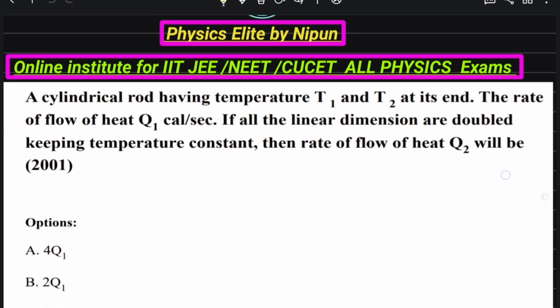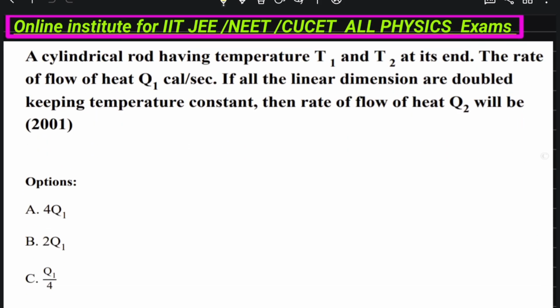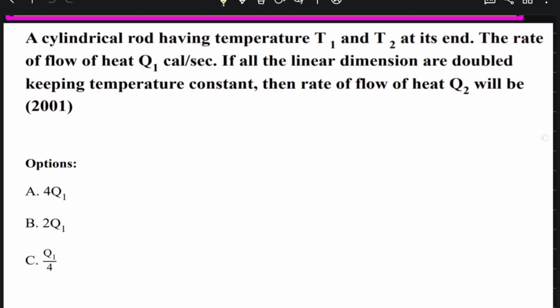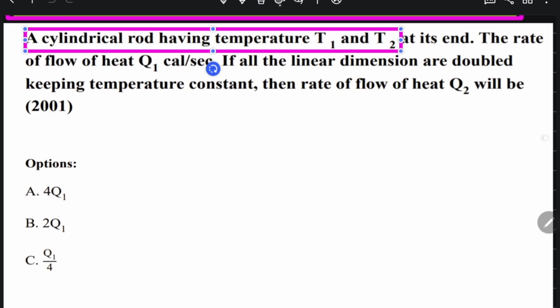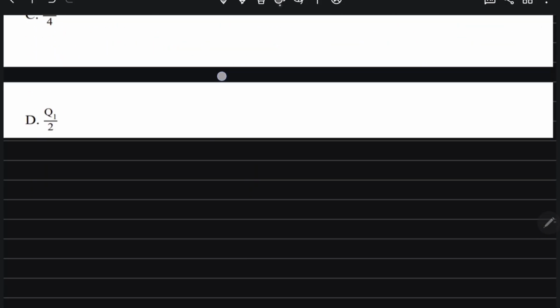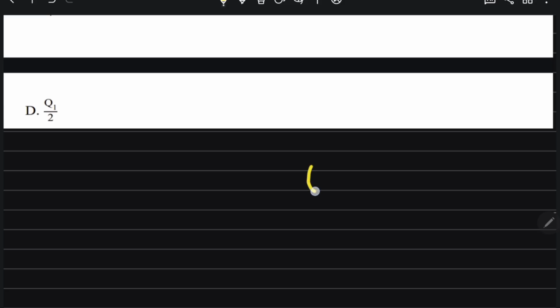This lecture is our second lecture of thermal properties of matter. This is the first question from 2001, and in this question they are saying that a cylindrical rod has temperatures T1 and T2 at its ends, so first we make the diagram of it.